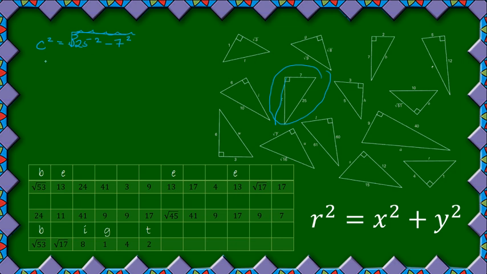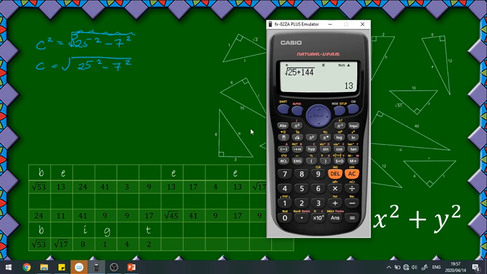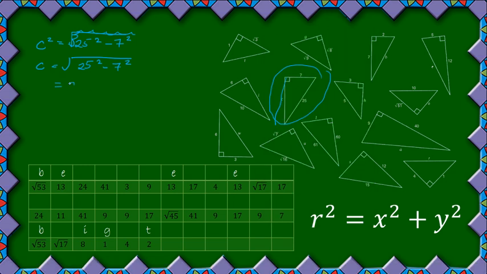Alright, then C is equal to the square root of 25 squared minus 7 squared, and let's put that onto the calculator as is. So we have square root of 25 squared minus 7 squared, and that would give us 24. So this is 24. Alright, so 24 over here, and then over here.